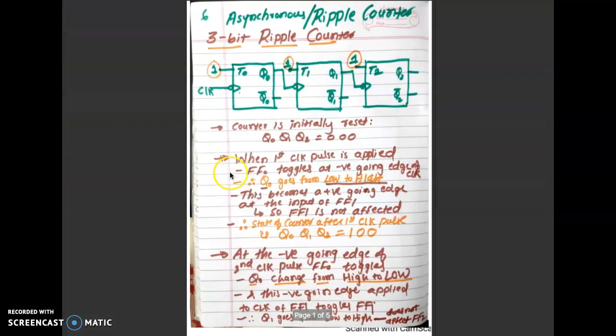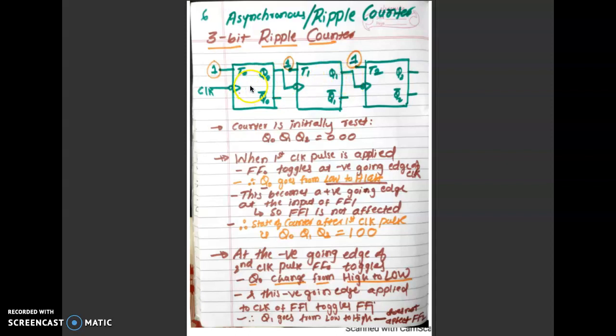Okay, so we are going to use 3 toggle flip-flops, and to the first flip-flop, negative edge trigger clock pulse is given, and during the negative edge of the clock, the output of the flip-flop changes, and this is connected to the clock of the next, and when the clock of this goes from high to low, that is negative edge, the output of this flip-flop changes.